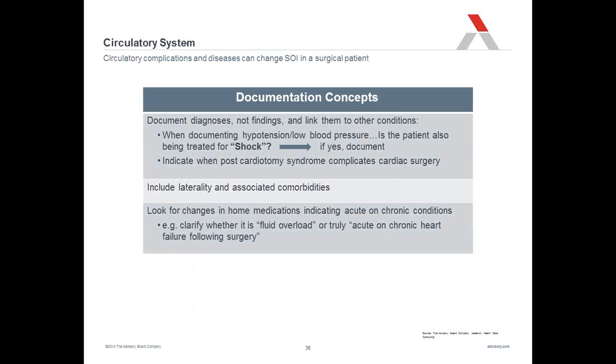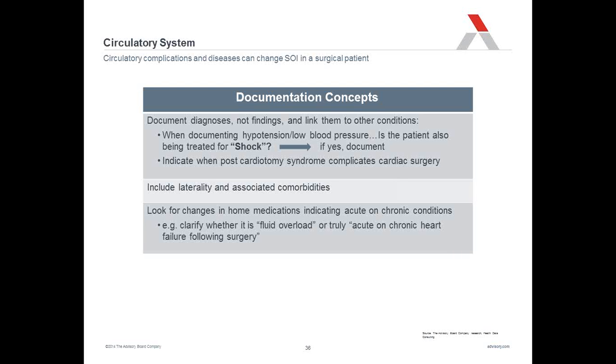Now we want to take some time and shift gears and talk a little bit about comorbid conditions that may complicate surgical patients. And for the most part, if the surgical patient does have some of these medical conditions, there's typically consultants that are assisting the surgeon, and those consultants can also be very instrumental at helping you capture the severity of illness in your surgical patient.